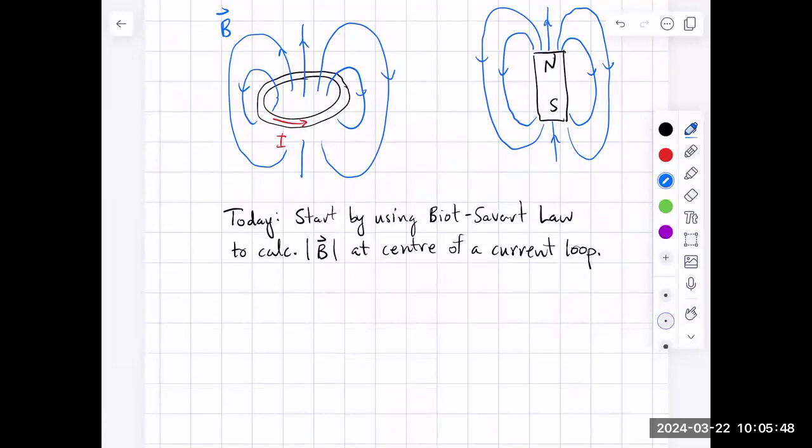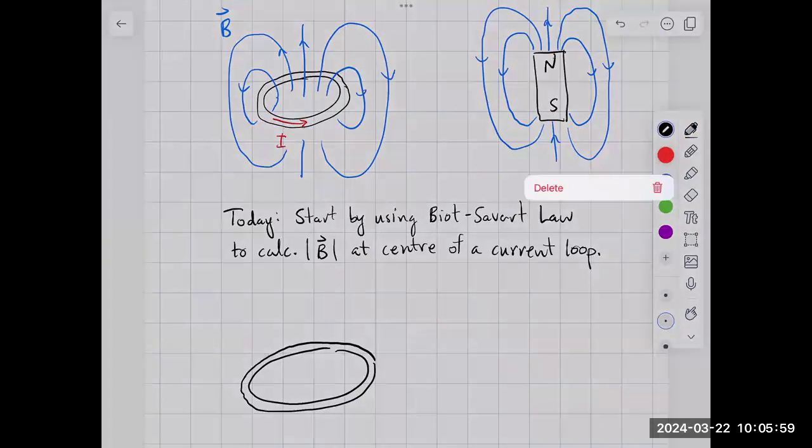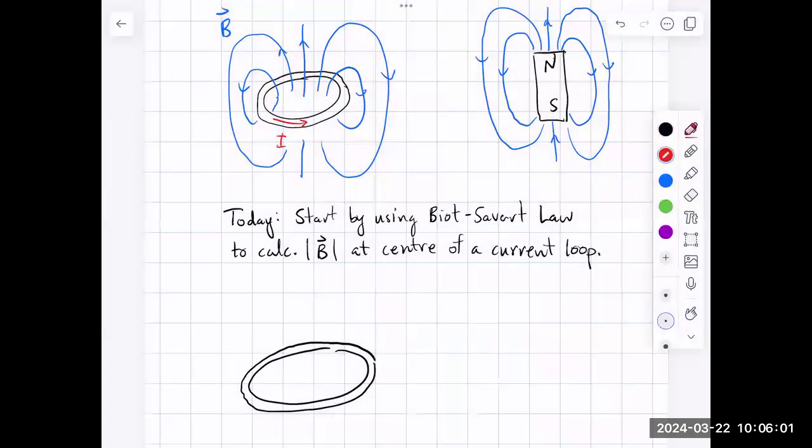So we'll draw our current loop again. I'll draw it like this. And we'll pick a direction. We'll use the same direction as drawn above. And so here's some current.